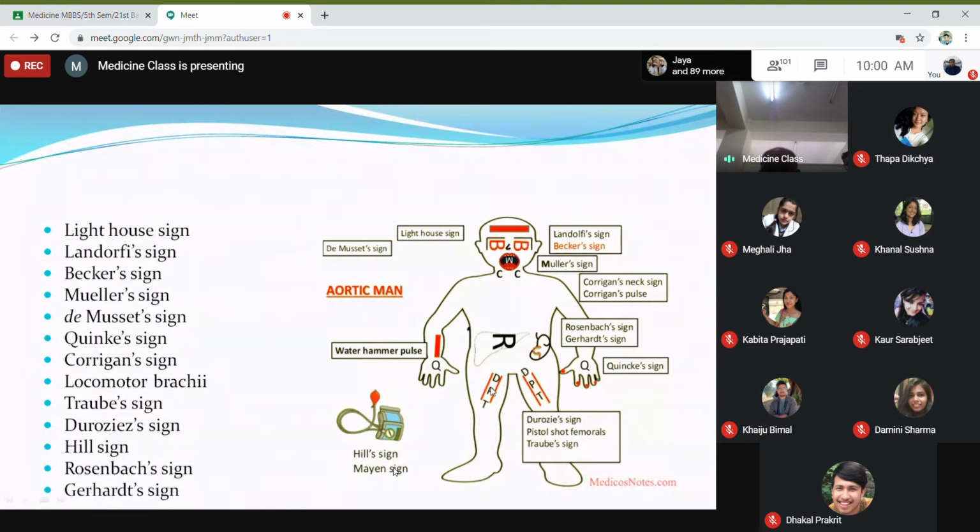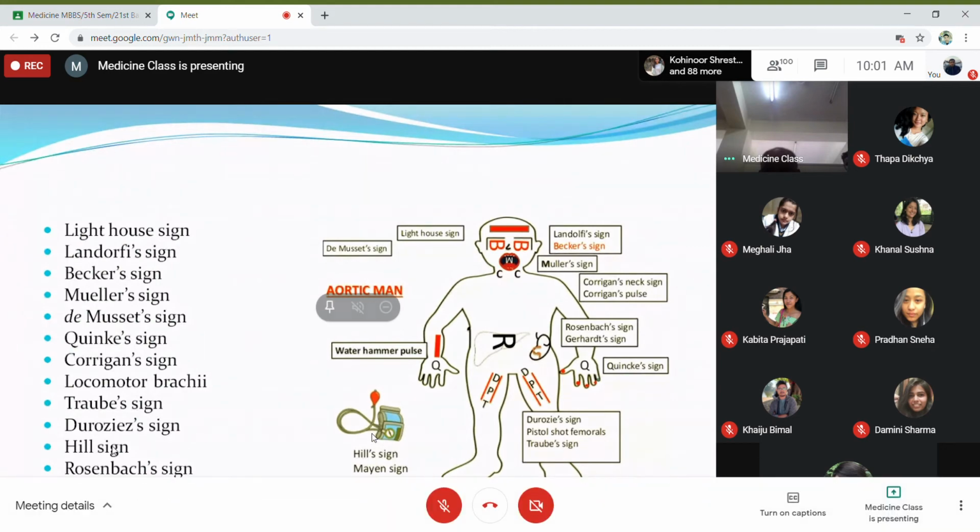And pistol shot is a sound like a pistol shot, which you'll find over the aorta. So these are a few things, and I'll come to Hill's sign, which is a very important sign, and we'll talk about it later, for looking at the severity of aortic regurgitation.